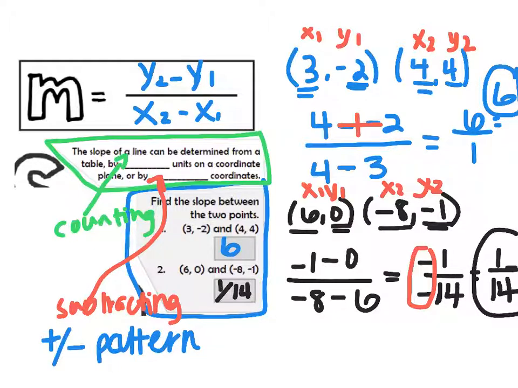But if you're using a table and you don't have the graph, then of course you can put the points into the slope formula and figure it out, or you can just find the pattern in the y's over the pattern in the x's, and they should both be adding or subtracting patterns, which would give you your slope. Okay.